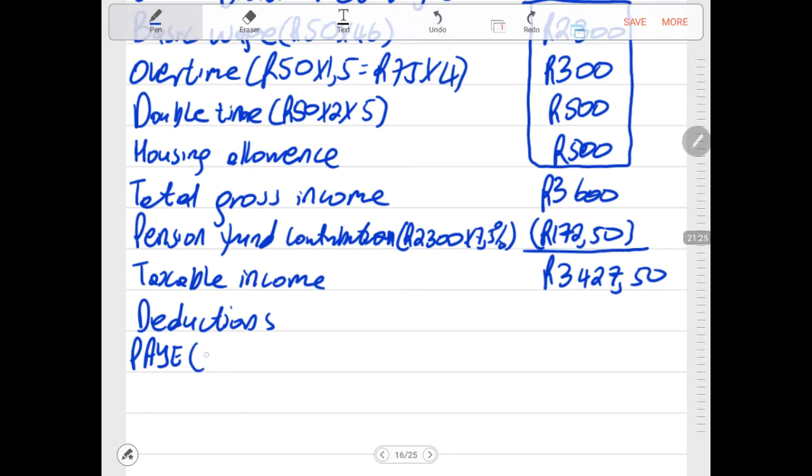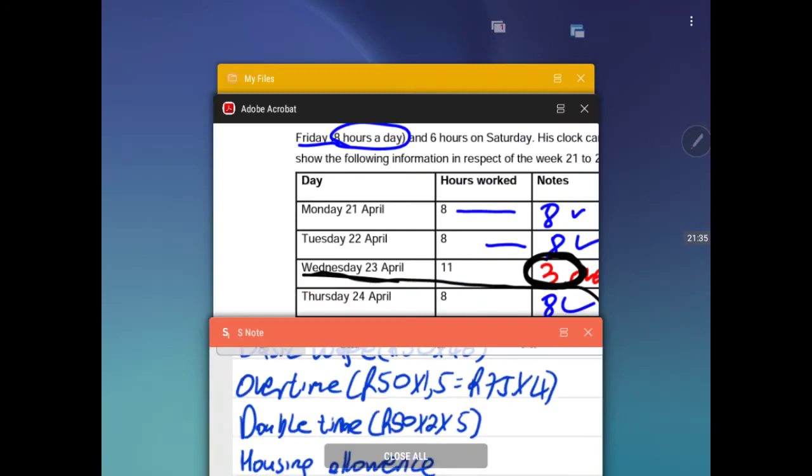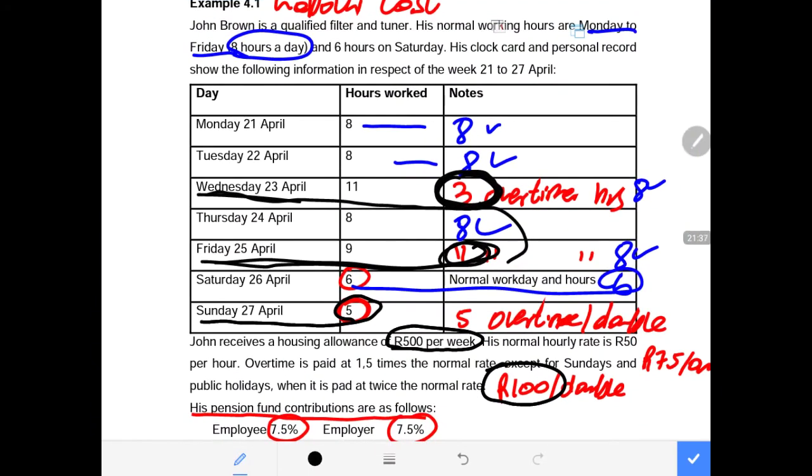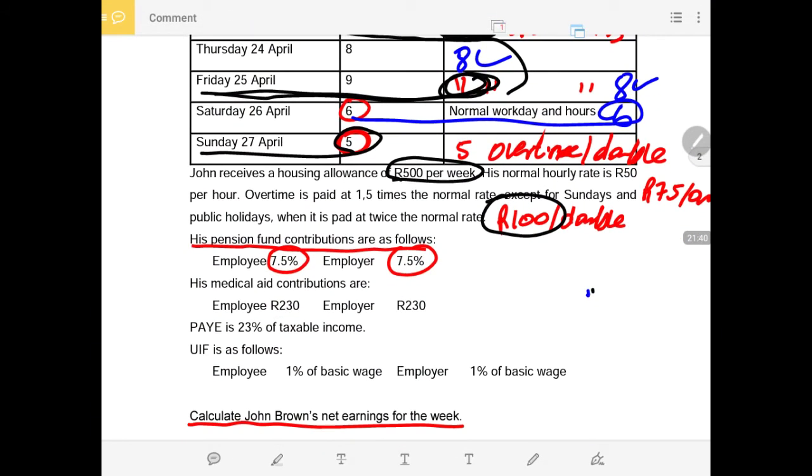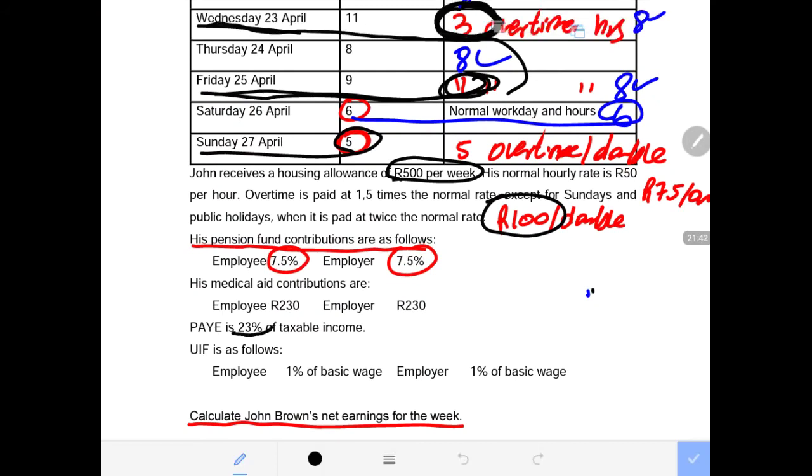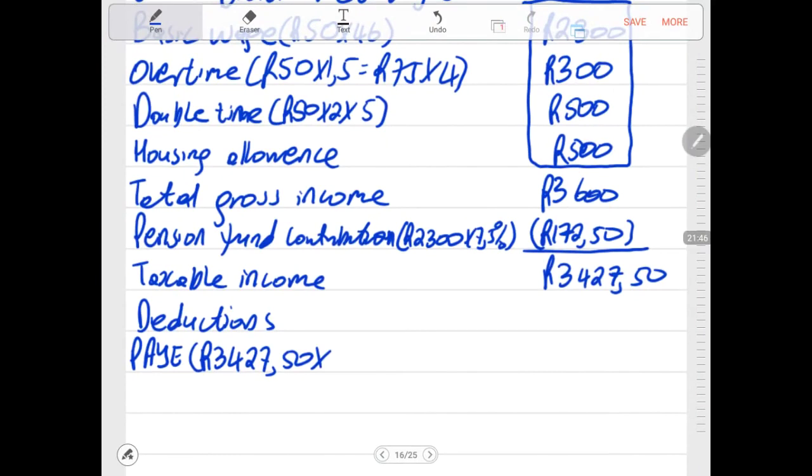So this will be an amount of 3,427 rand 50 cents times, I think it was 23%, our tax rate for this employee. The tax rate for this employee, if I'm not mistaken, was 23%, which is pay as you earn out of the taxable income.